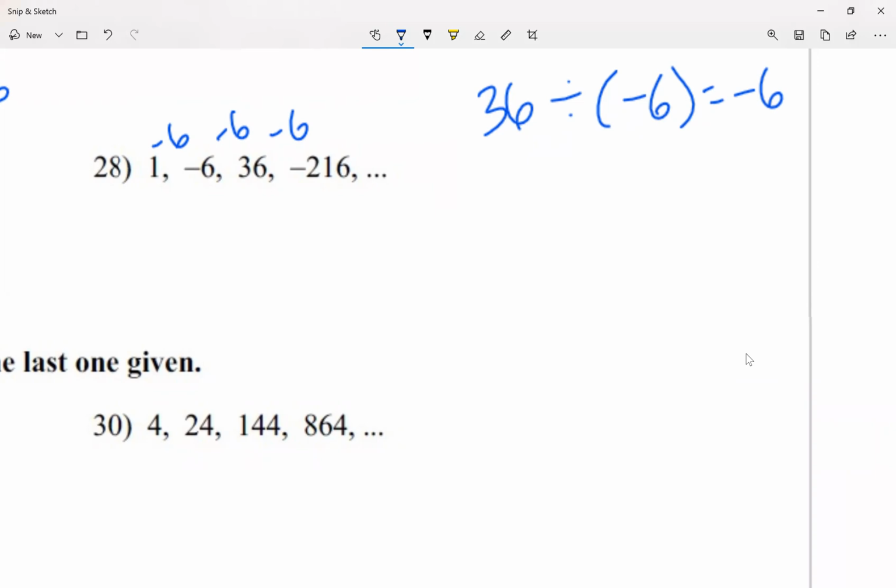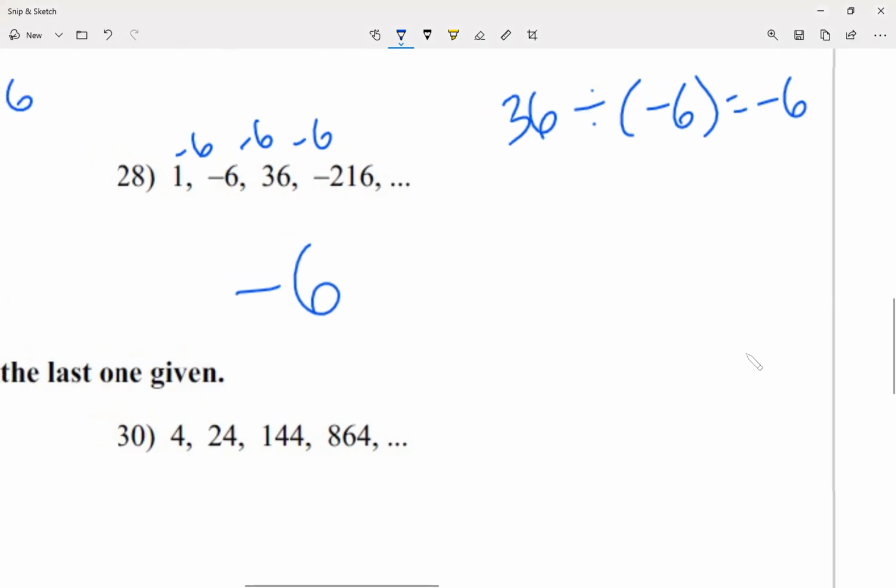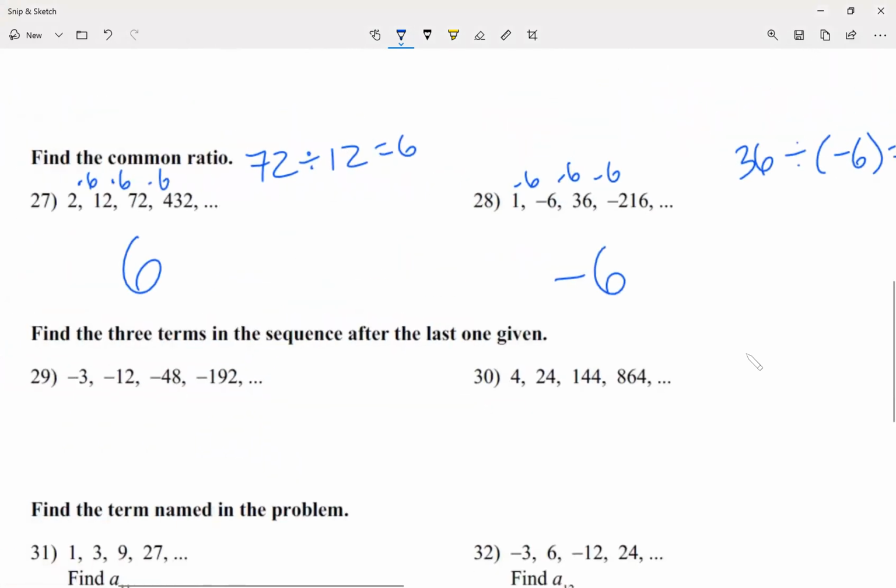That's why the negative sign is what makes my numbers positive, negative, positive, negative, positive, negative. So my common ratio, the number I keep on multiplying over and over, in this case is a negative 6.